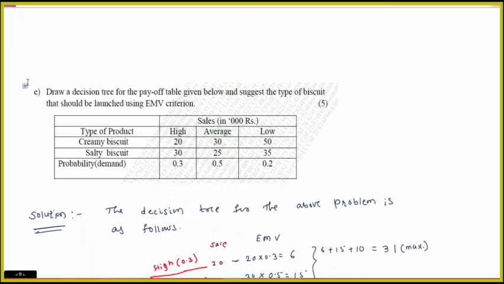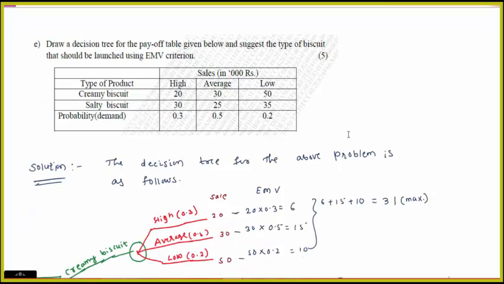Here an example is given. Draw a decision tree for the following payoff table and suggest the type of biscuit that should be launched using EMV criteria. We already know how to use the EMV criteria and take the best decision. Using that criteria and the decision tree method, we can suggest the best decision.